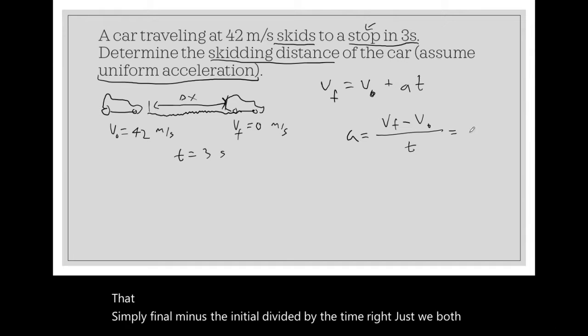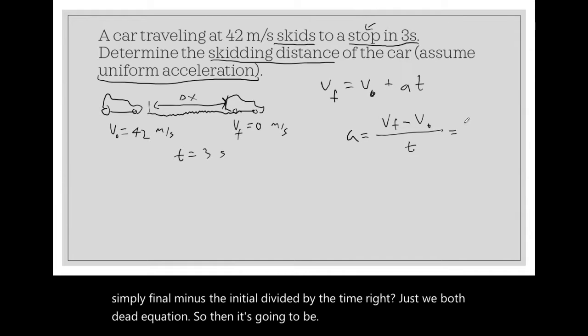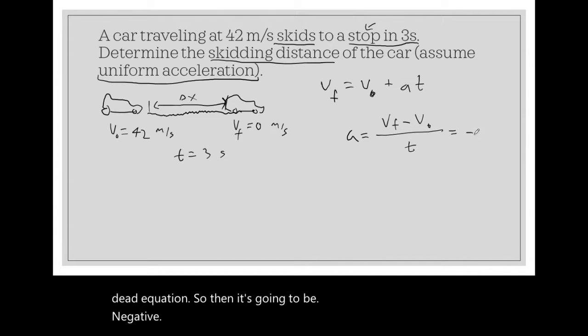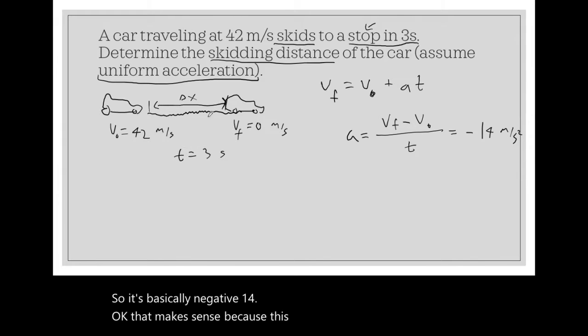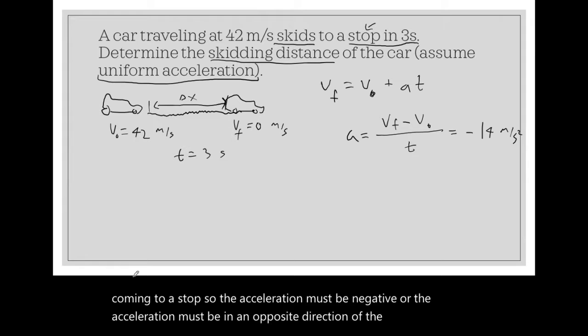Just rewrote that equation. So it's going to be basically negative of 42 divided by 3, which is 14. So it's basically going to be negative 14. That makes sense, because this car is slowing down and coming to a stop, so the acceleration must be in the opposite direction of the velocity.